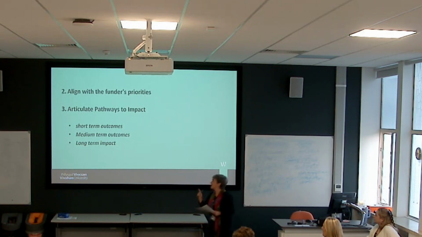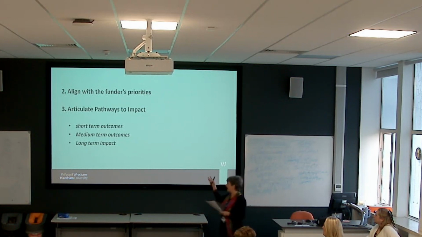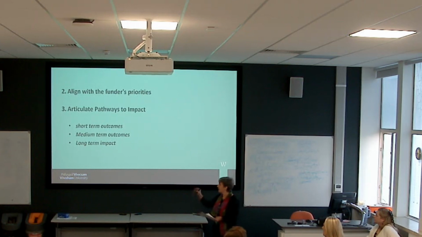Then you're going to articulate the pathways to impact. So short-term outcomes, you're going to be thinking about immediate outcomes. So this is things like your publications, your presentations, going to talk to people in the community and spreading that knowledge. It's not impact, but it's a short-term pathway towards impact. You're taking that candle out and you're showing it to people.